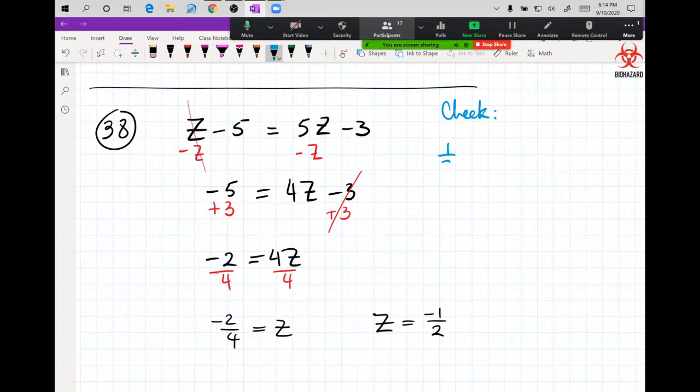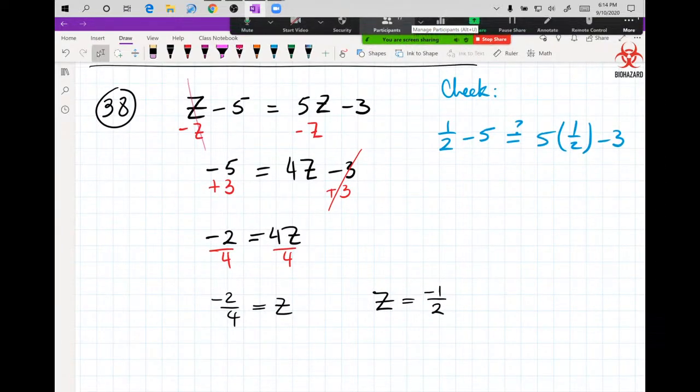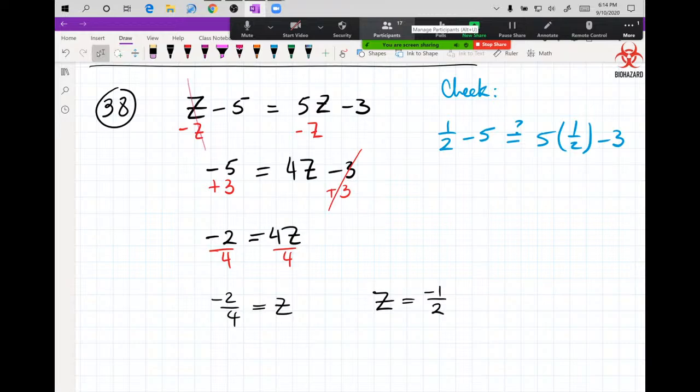So we have -1/2 minus 5. That should be the same as 5 times -1/2 minus 3. So hopefully the left side equals the right side, and we can call it a day. I mean, call it a problem. We have other problems to solve. So, how do I deal with -1/2 minus 5? I'm actually going to move this so we have more room. Do this in your notebook.